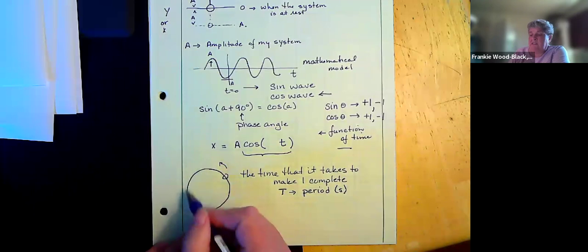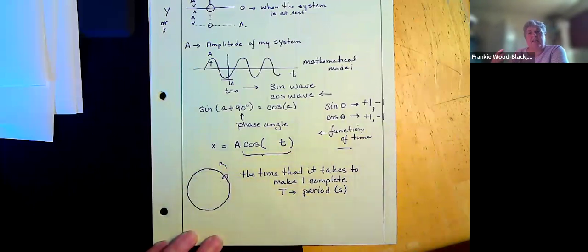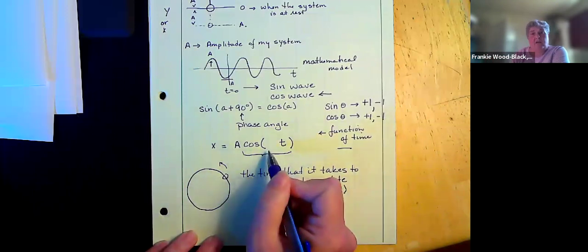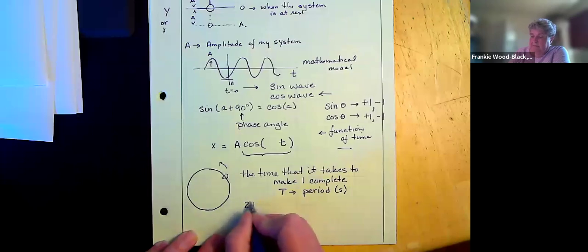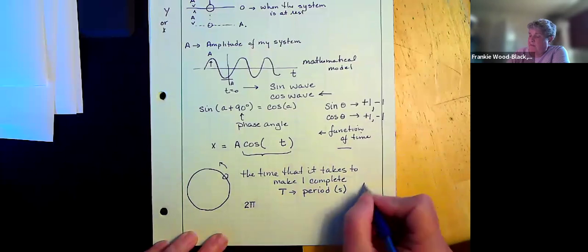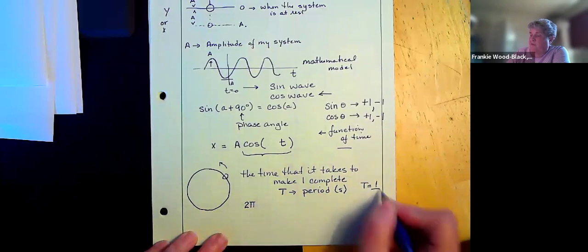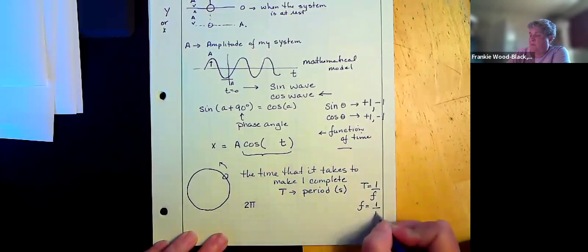Now, the distance that my bead has traveled around the circle, if I am thinking about this angle here, that's going to be 2 pi. 2 pi around my circle. And remember that period is equal to 1 over frequency, or frequency is equal to 1 over the period.